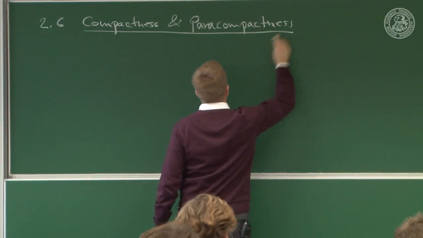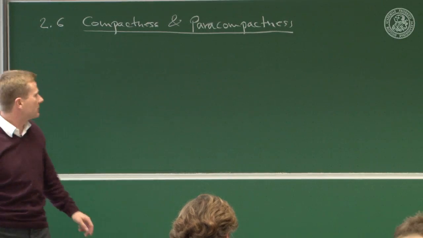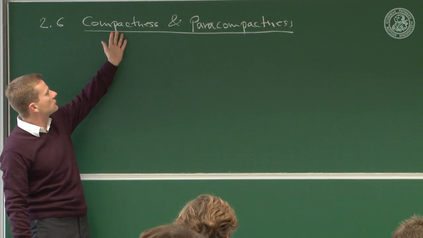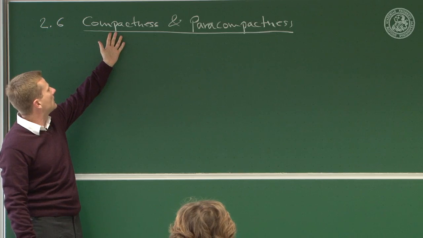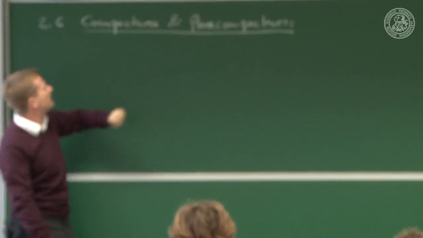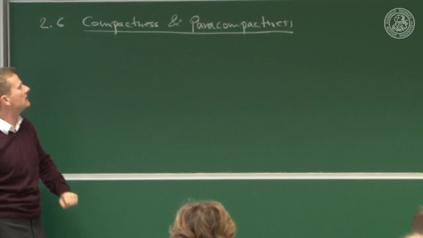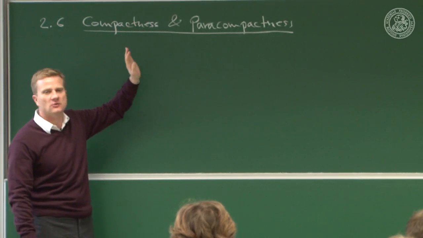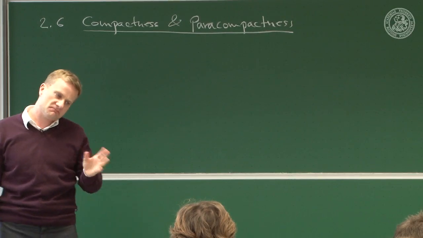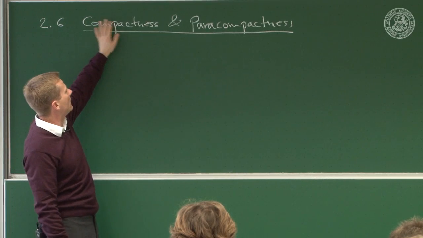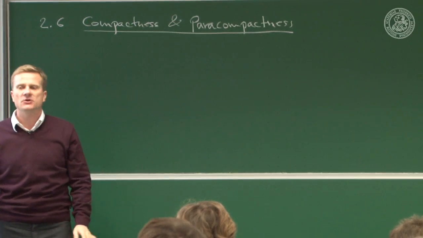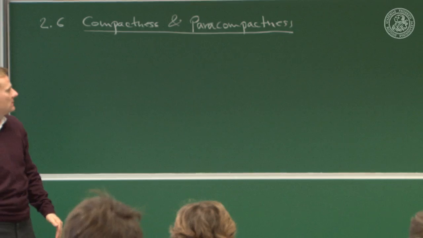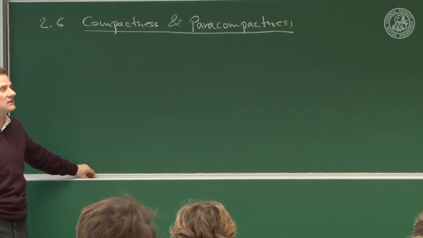So these are 2 very heavily used topological properties, because indeed, very often, if you want to prove some theorem, in some setting to which a topological space is an underlying structure, very often you would first tackle the proof in a compact case, because usually proofs are simpler there, and once you understood the problem in a compact case, you'd try to extend the theorem to the non-compact case, which sometimes simply is not possible, but sometimes it is.